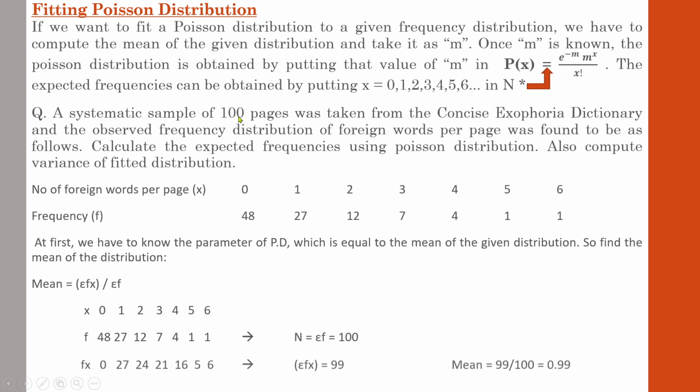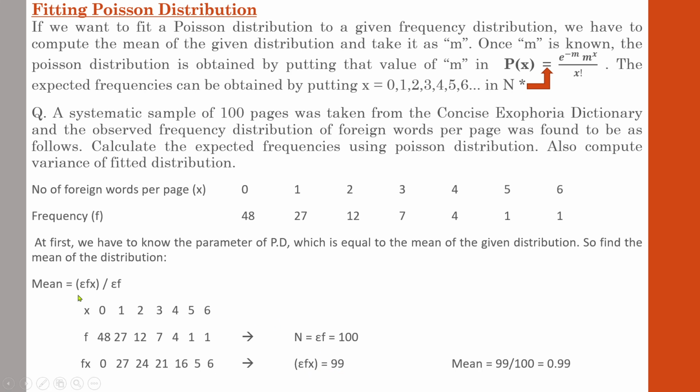Next one, fx. Instead of writing in vertical column form, I am writing in a horizontal format without any tables or columns, because these are the basic methods which we have learned in previous semesters. So fx you need to find: just multiply f into x, and you will get the corresponding value for each column. Once you find fx, take the total, that is sigma fx equal to 99.